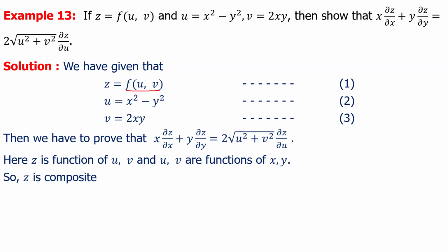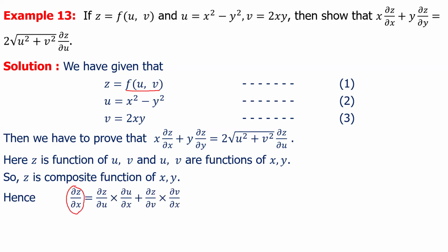So z is a composite function of x and y. And if z is a composite function, then we can write the partial derivative of z with respect to x as del z del u into del u del x plus del z del v into del v del x.